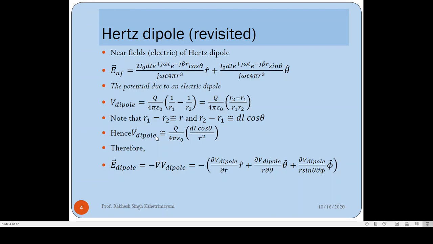So in that case your r1 and r2 will become r, and you can also find that r2 minus r1 is equal to dl cos theta.